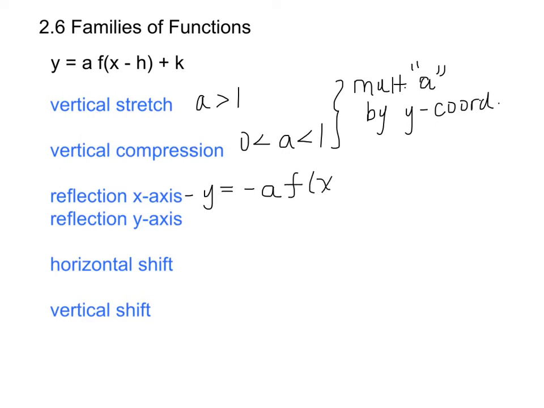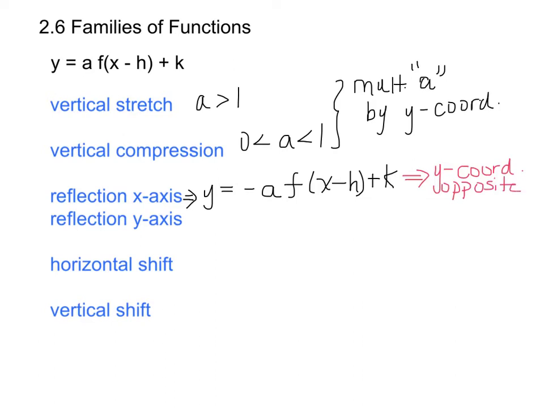Anytime you see negatives, that means your y-coordinates will actually be opposite. I better put this so you won't get confused. Y-coordinates will be opposite of the original graph.